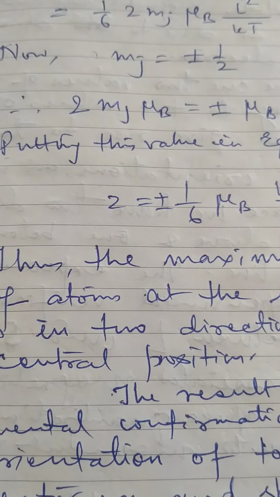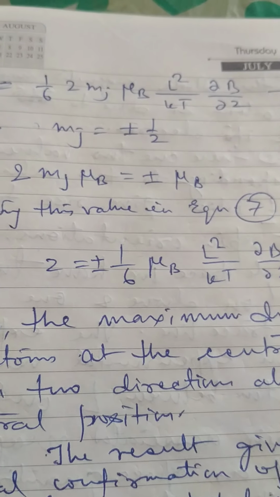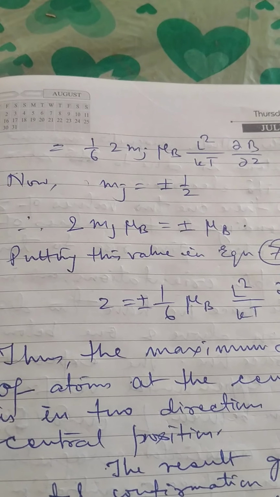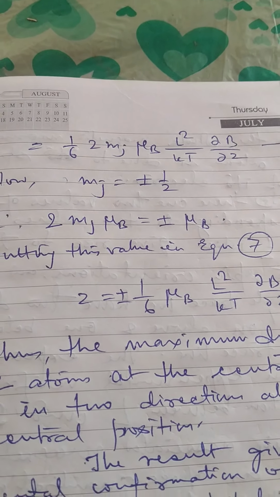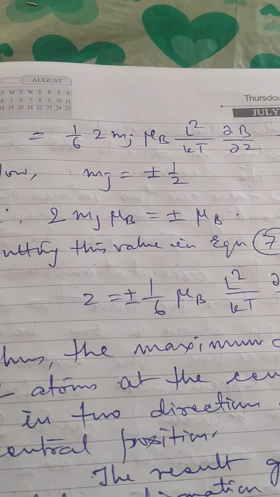So we see that at the central place where on the glass plate the silver vapor was to fall, now it is deviated into two parts.